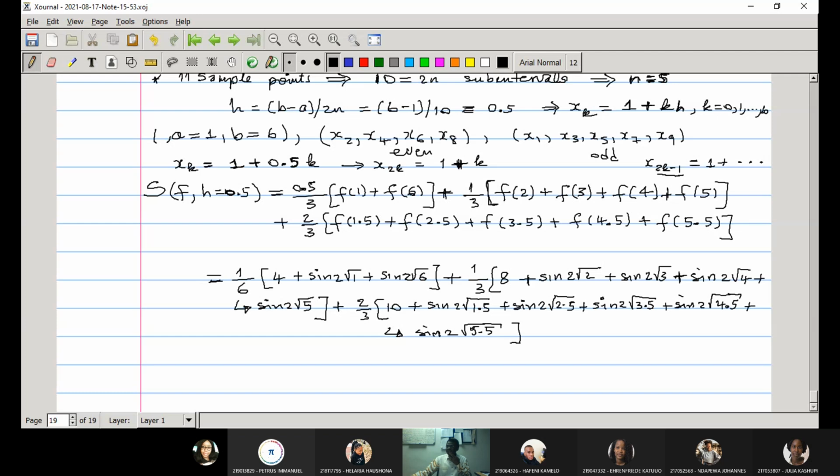Okay, so what happens? If you compute all this, what do you get? The value that you obtain will be 8.1830150.